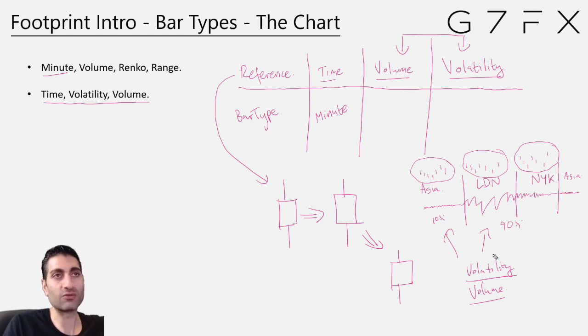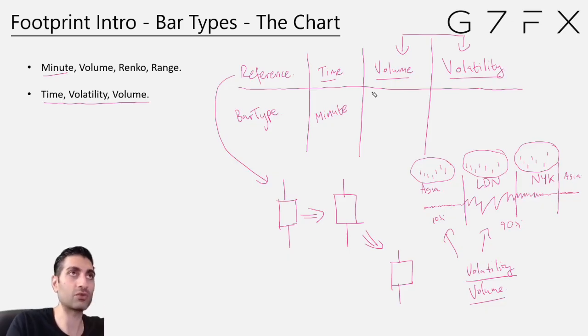So as I said, volatility and volume, you can't tell just by looking at a chart if there was more volume in Asia or London or New York. What you can do is there's a setting on the platform, Sierra Chart. They all have them, guys, all the futures platforms. And I'm going to show you there's a chart setting where you can change it from minute-based charts or candles.